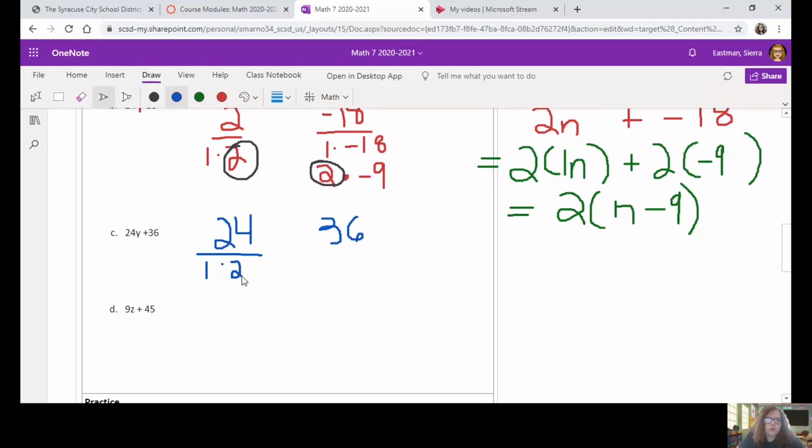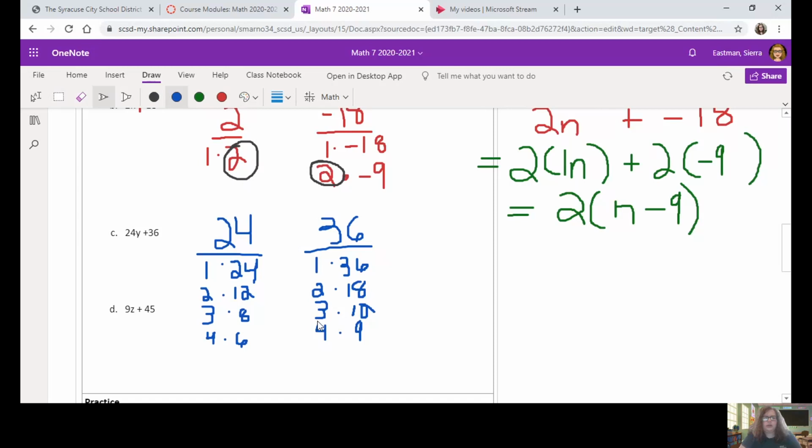It could be a 2 and 12. 3 and 8, or 4 and 6. 36 could be a 1 and 36. 2 and 18. 3 and 12. Let's see. 4 and 9.